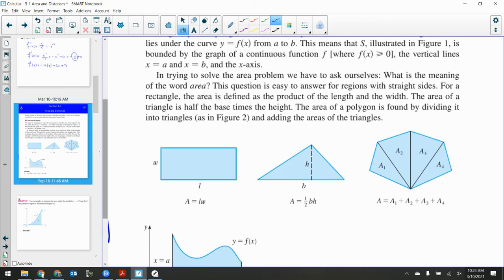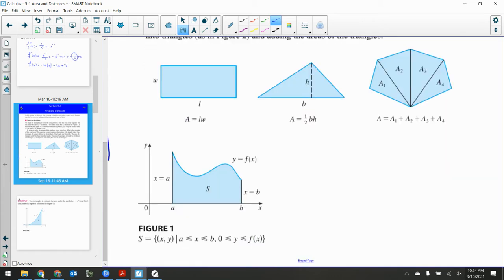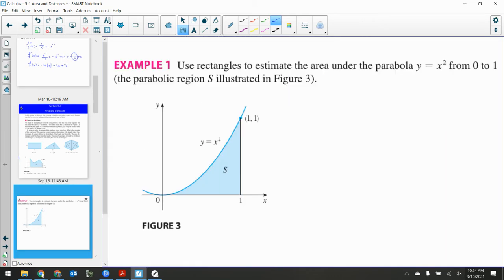Let me jump back up here, to see if I wanted to say anything else about that. Trying to solve the area problem, we ask ourselves, what is the meaning of area? The question is easier to answer for regions with straight sides like we show. The area of a polygon is found by dividing it into triangles, or if it's a curved shape, we're going to divide it into things like this. So let's take a look here. Use rectangles to estimate the area under the parabola y equals x squared from 0 to 1.